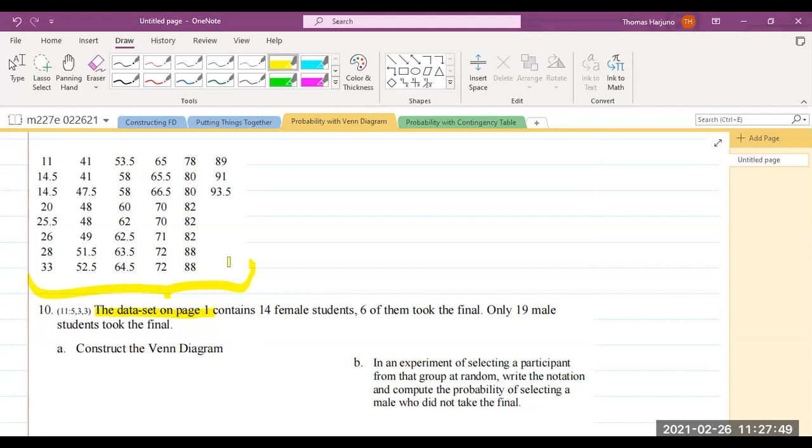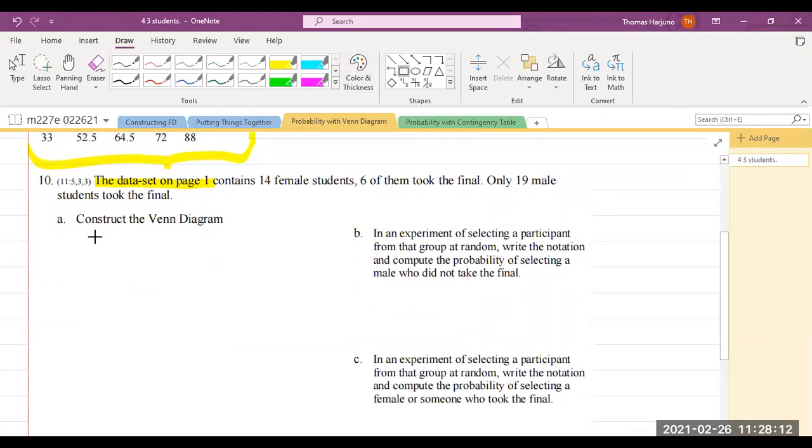Only 19 male students took final. Construct the Venn diagram. How many students are there again? 43 students, right? So the Venn diagram needs to total 43 students.